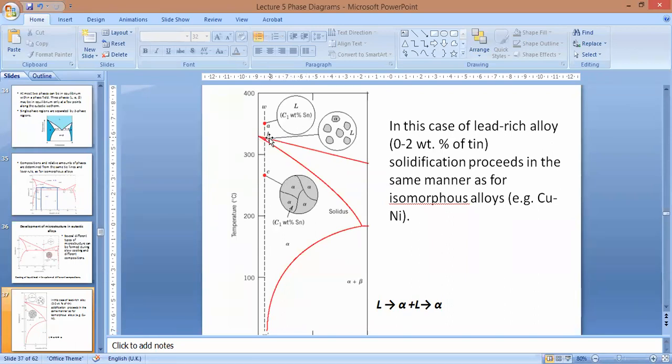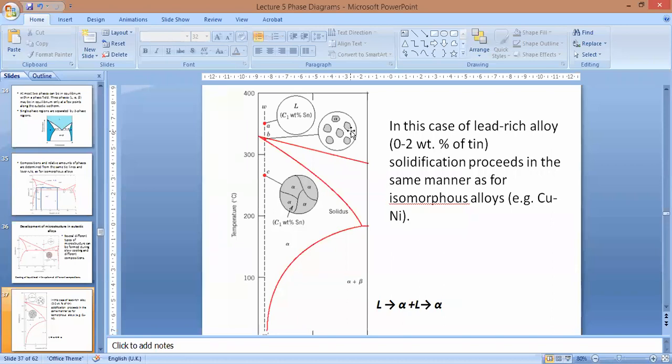Coming to point B, where is point B lying? Point B is within this intermediate phase, within the alpha plus L phase. So your microstructure will have your solids there, the alpha particle solids. You have to pick alpha because there are two types of solids here. When you are drawing your solid particles, you have to indicate which particular solid you're talking about.